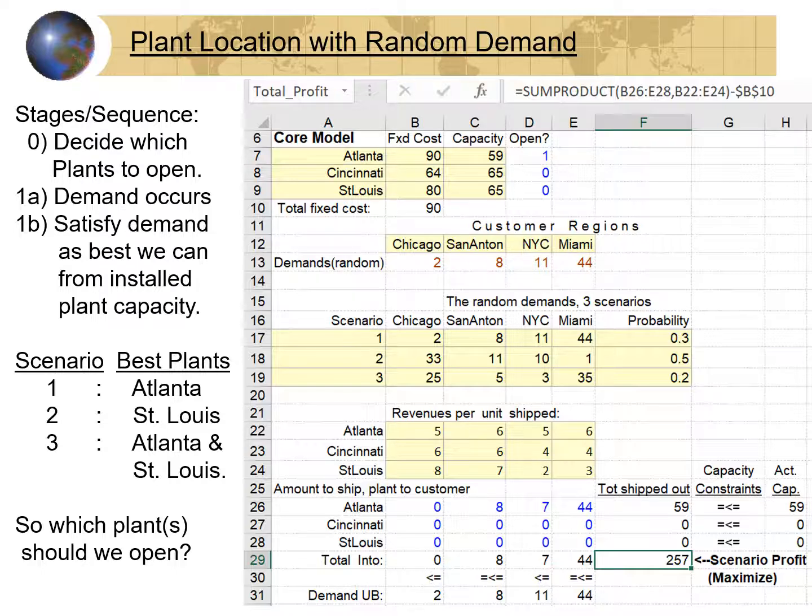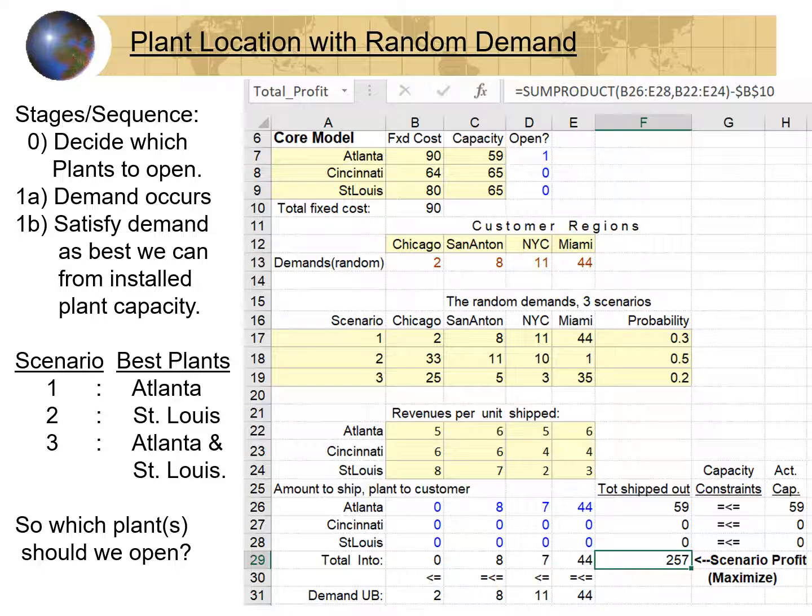So at this point, we say, well, what would you do? Which plant should you open? We've looked at the 3 scenarios. What's the best thing to do? The way we want to solve this is, at stage 0, to decide which one or more plants to open so as to maximize the expected profit.